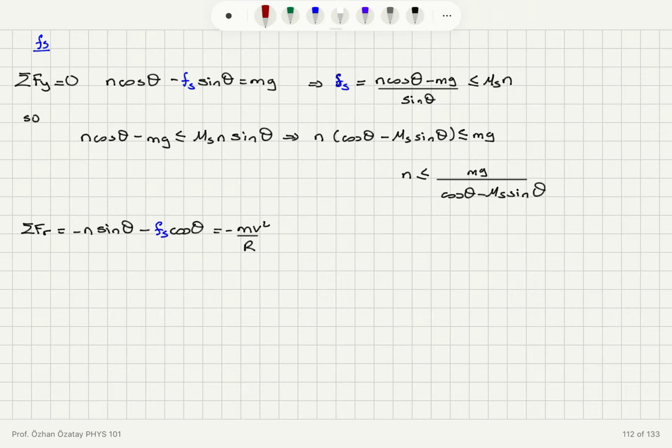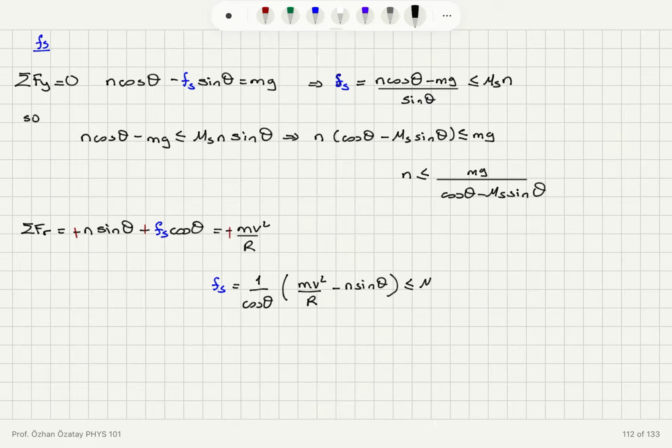If I get rid of the minus signs here, I can isolate fs. So fs can be written as 1 over cosine theta times (mv square over r minus n sine theta).